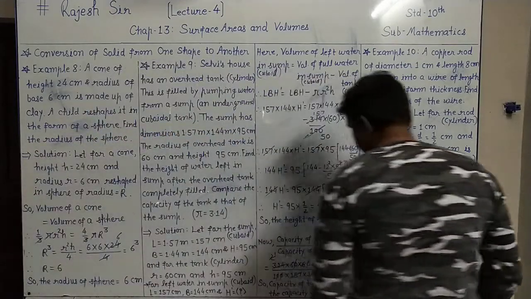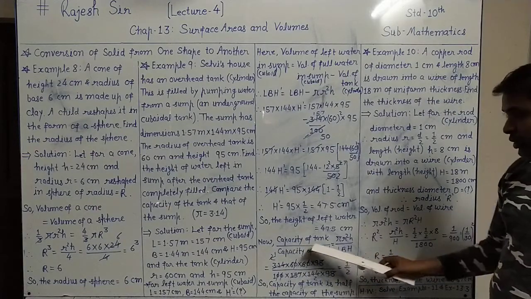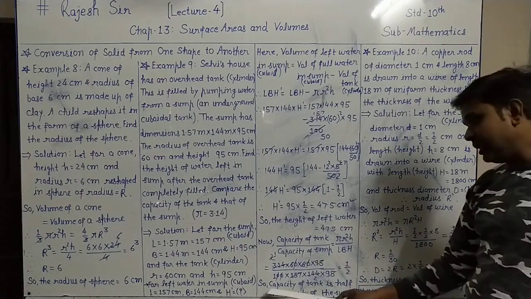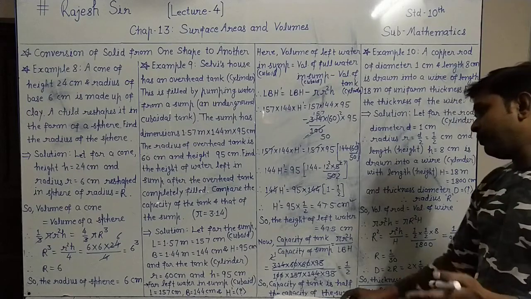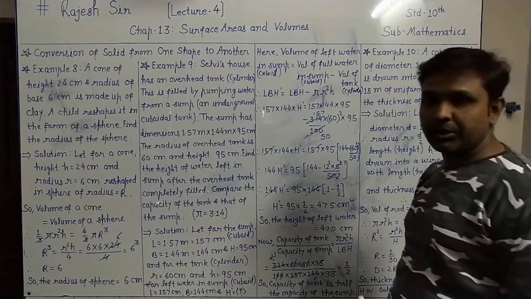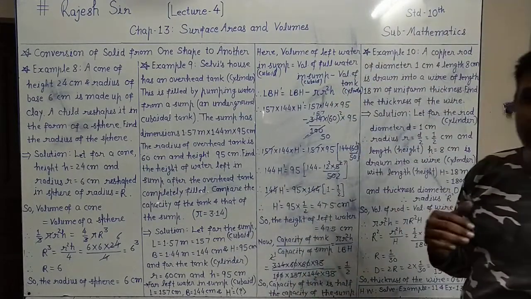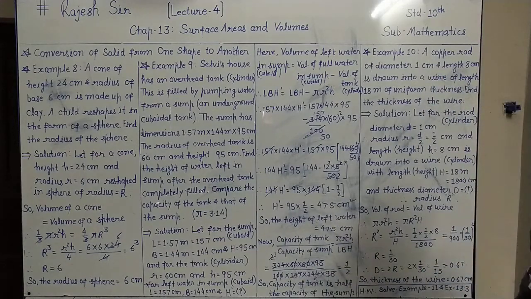This 1 by 2 is the capacity of tank upon capacity of sum. So you can understand capacity of tank is half of the capacity of sum. So that is what we have finally written. This is the comparison of the capacities of tank and sum. Overhead tank's capacity is half of the sum.